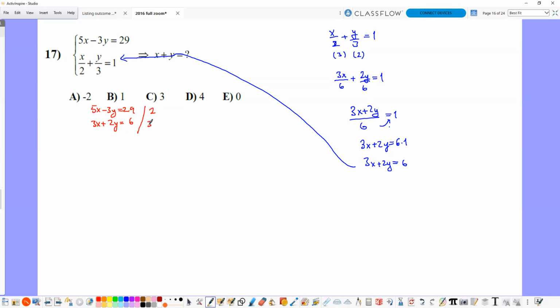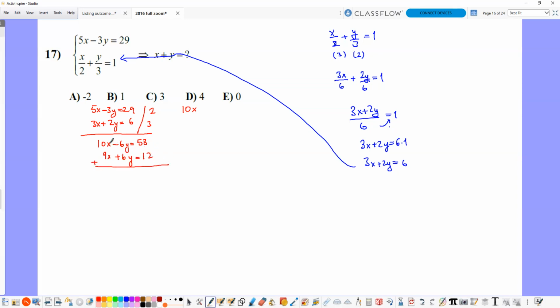This is going to be equal to 2 times 5x, it's equal to 10x, minus 6y, it's equal to 58. 3x times 3, 9x, plus 6y is equal to 12, it's going to be.